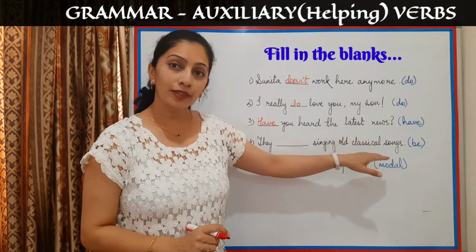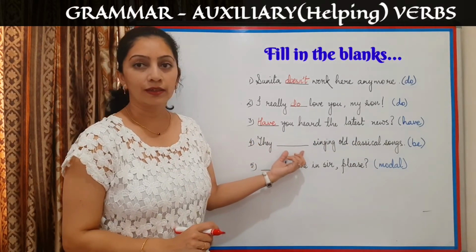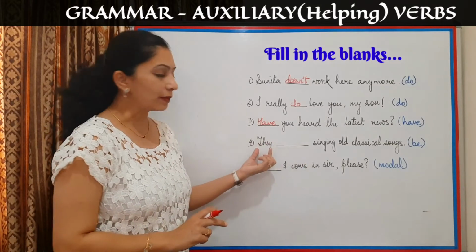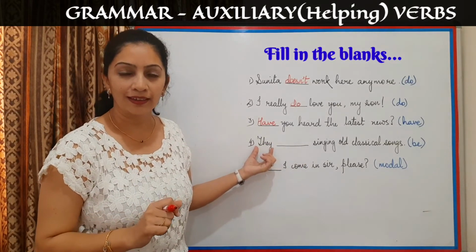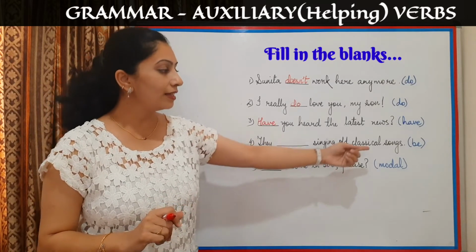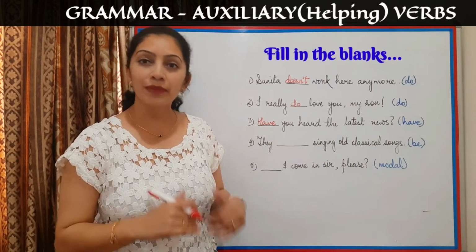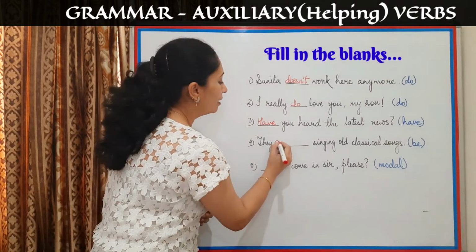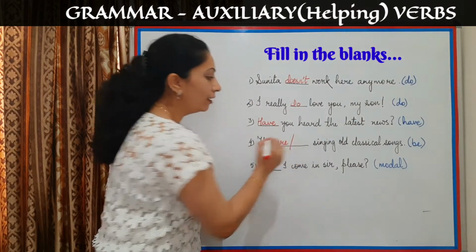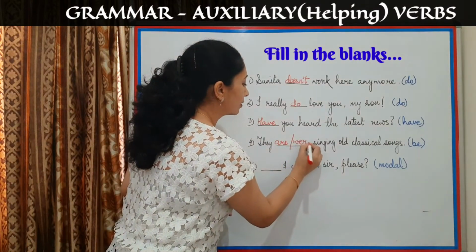Suppose you have been given past tense, then you will use were here. And why were? Because the subject here is plural. Now, because we do not have any hint about the tense to be used here, I may write here they are, or I can also write here they were.